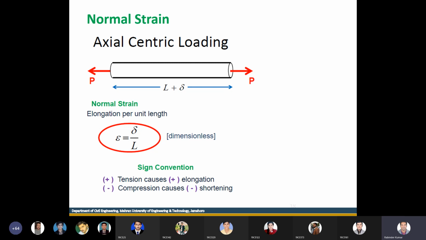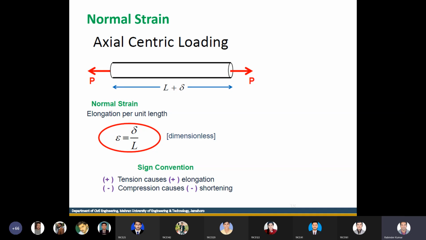Okay, it's simple: the deformation occurred per unit length, or elongation per unit length. If you stretch a body, it may increase its length; it's not necessary, it may not.